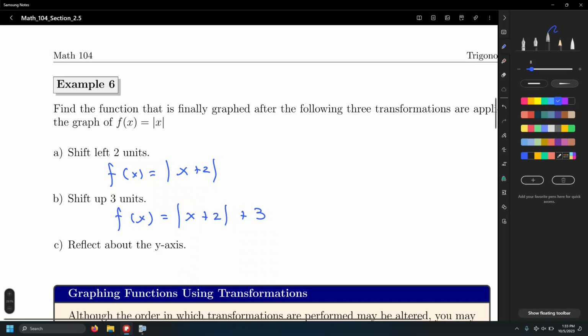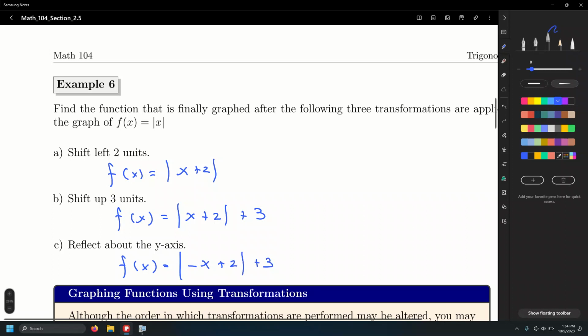The x coordinates. So what would you do to see this reflected, no pun intended? Multiply by -1. What do we multiply? The x. So f of x equals the absolute value of negative x plus 2, plus 3 outside.